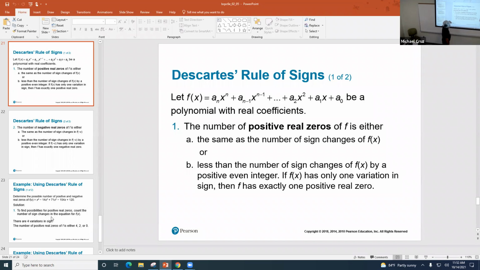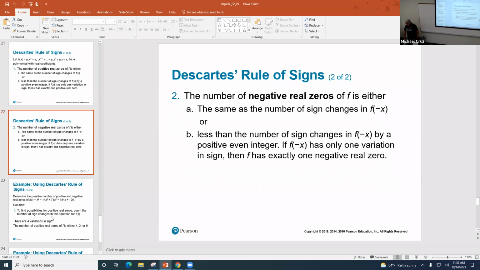I'll show you what I mean. It can be a lesser number, but the lesser number is just by a factor of 2. So what does that mean? Let's look. Let's just finish this. And then if you input negative x in there, you remember how we did that to find an odd function? Well, the number of sign changes then tells you the number of negative real zeros.